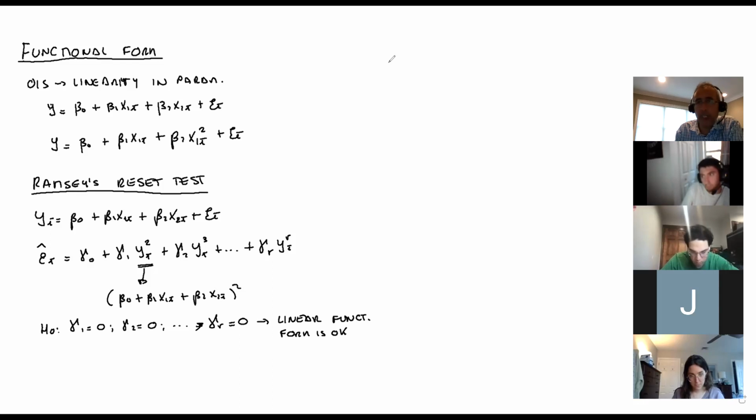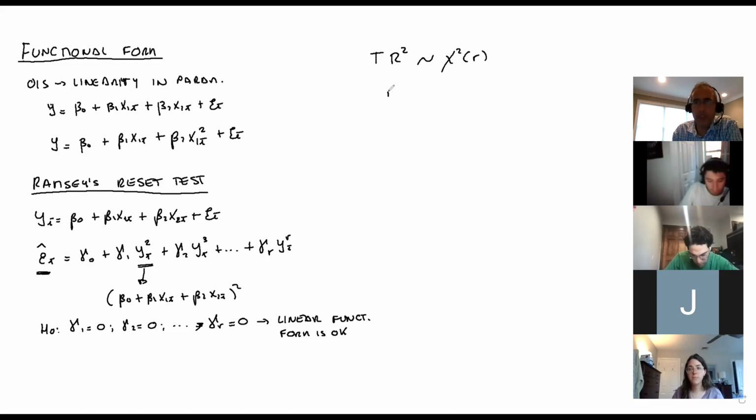Okay, so once you do this, your test is going to be T, the number of observations, multiplied by the R square of your regression, of this regression. And then this one here is going to be distributed as a chi-square with r degrees of freedom. So what is r? It is simply the number of powers that you are using in your test.